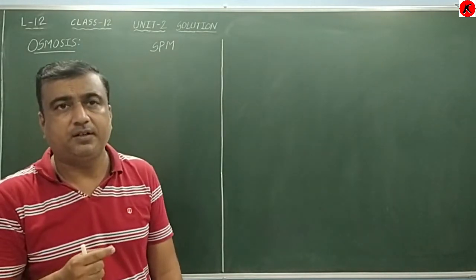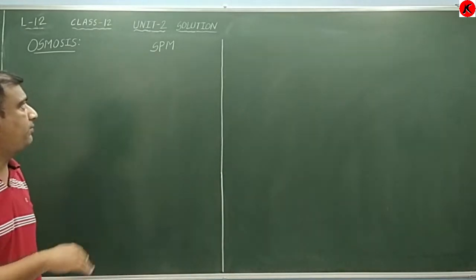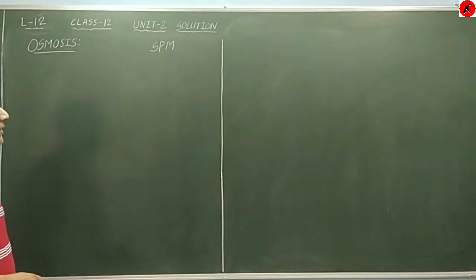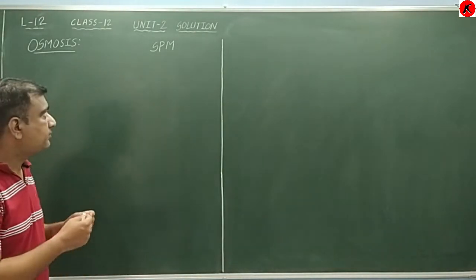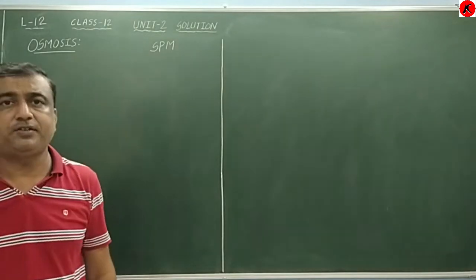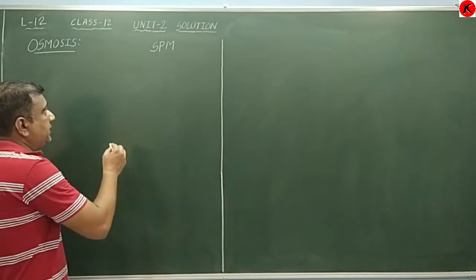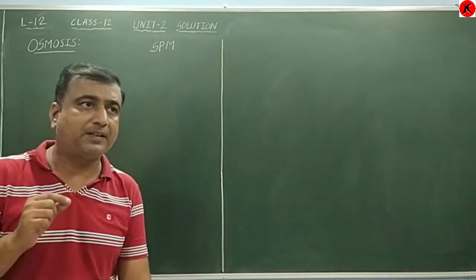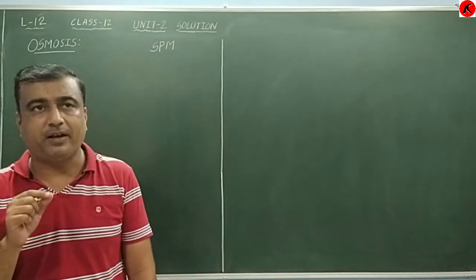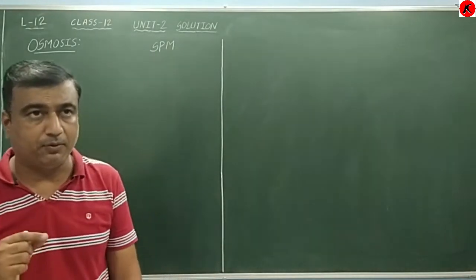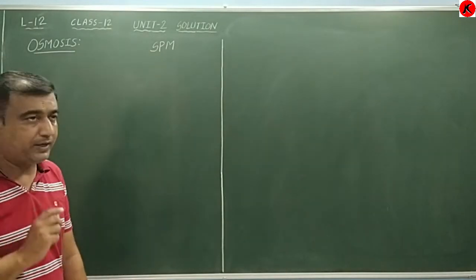It contains holes, otherwise pores, in the structure of the membrane, and depending upon their size, one of the most characteristic features of a semi-permeable membrane is that it allows only small molecules to pass. It does not allow the bigger molecules to pass.